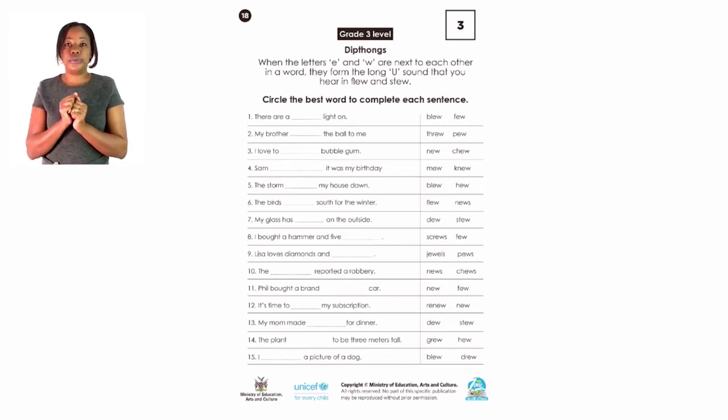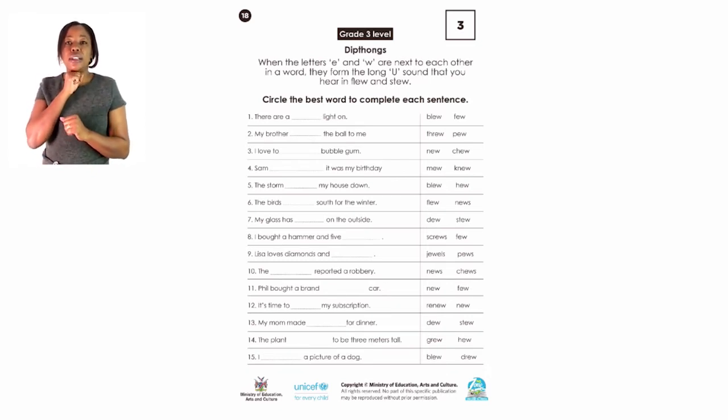Okay, so we are going to look at the E for an elephant and the W for a watch. When the two are together, they will give a sound of a long ooh. You say ew. That's a long sound that we hear. And we can get that sound in words like flew, like if I fly.